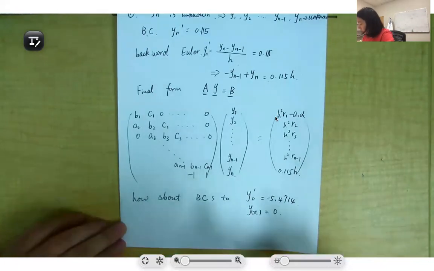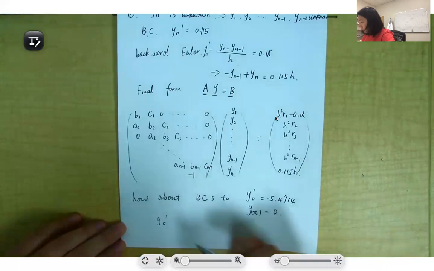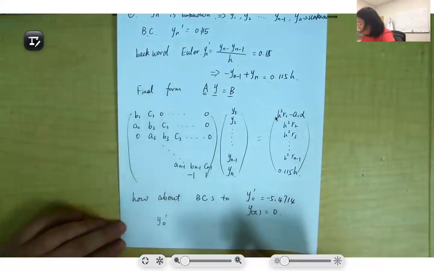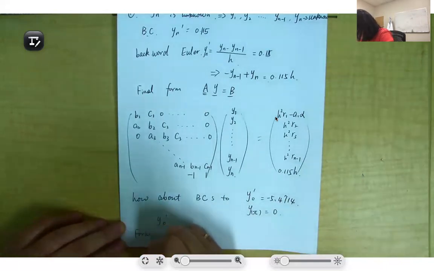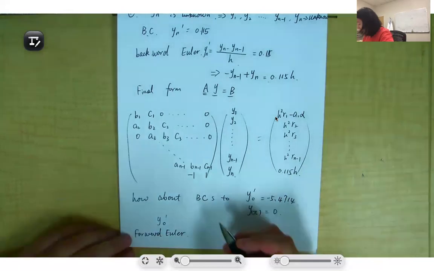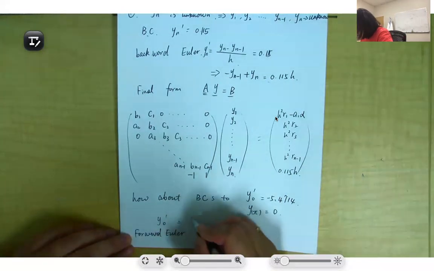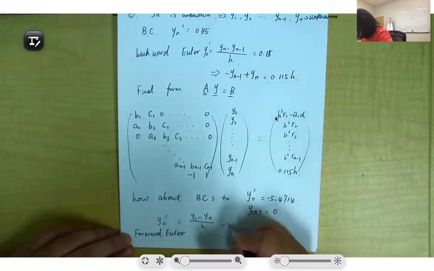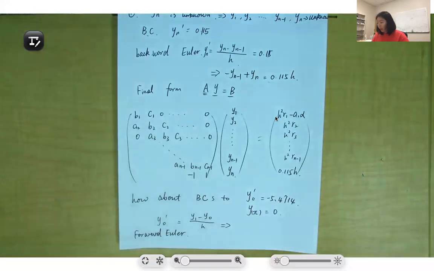Then to solve for y0 prime, you can use forward Euler, which is the most straightforward. You couldn't know what y-1 is, but you know what y1 and y0 are, so you can use forward Euler, y1 minus y0 divided by h, and you can get the left boundary, right?